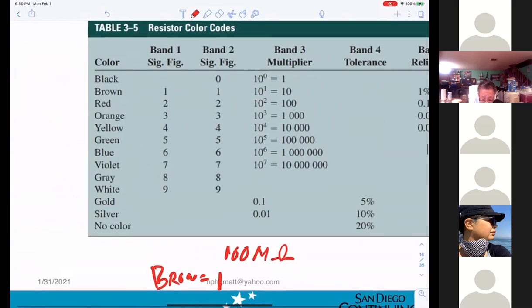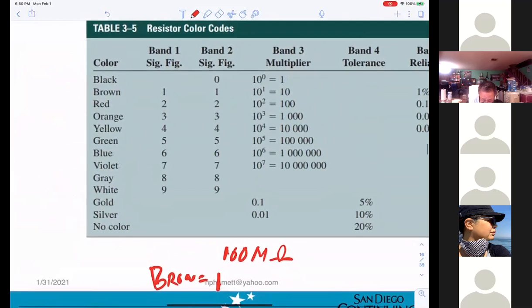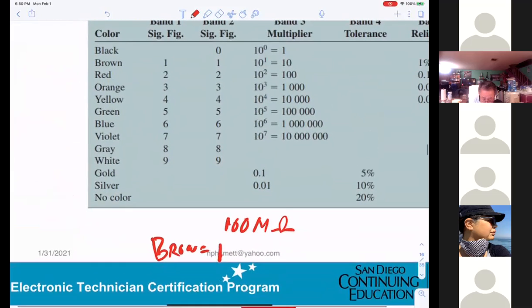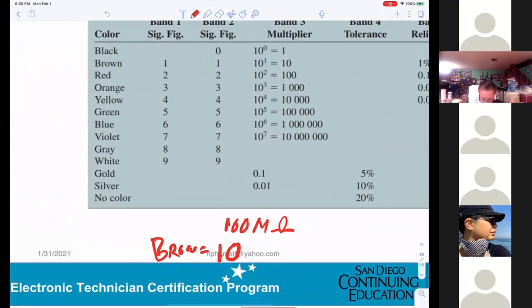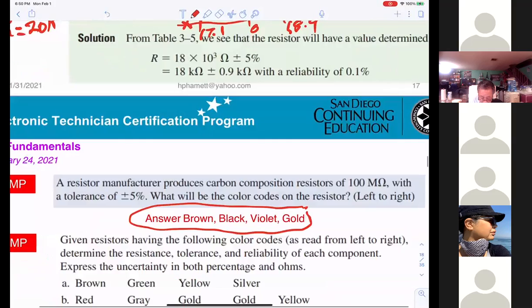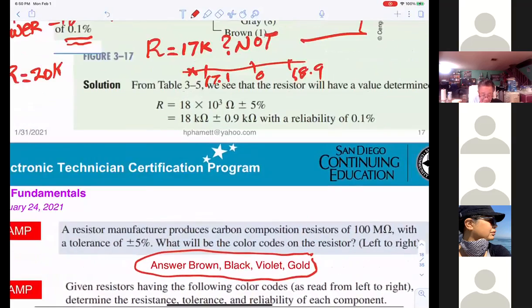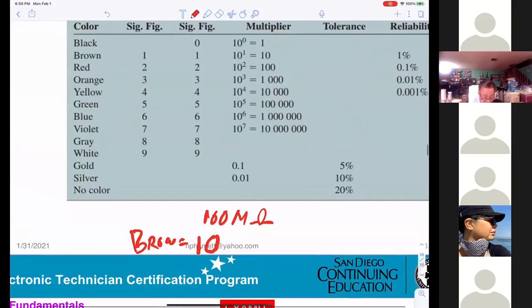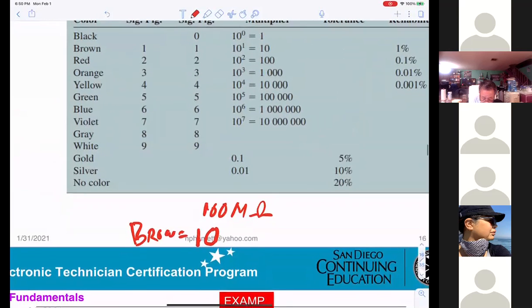You said the black will be 0, right? That's the black. And number 3, violet. Violet 7. That means times 10 power 7.